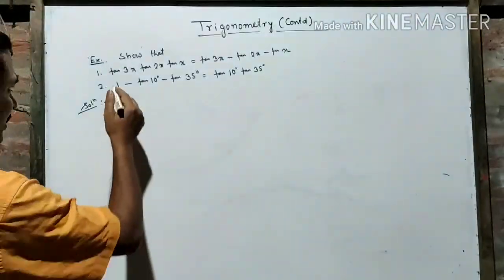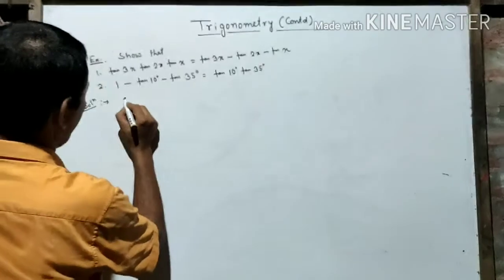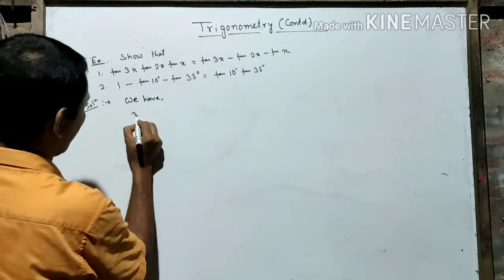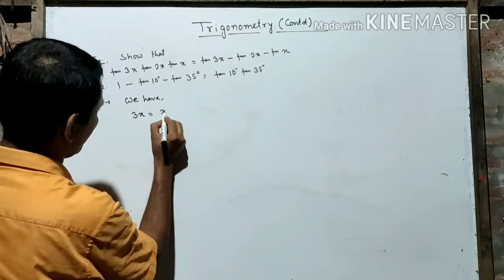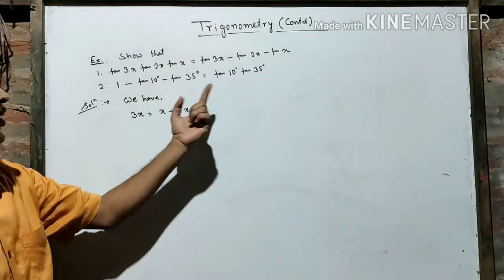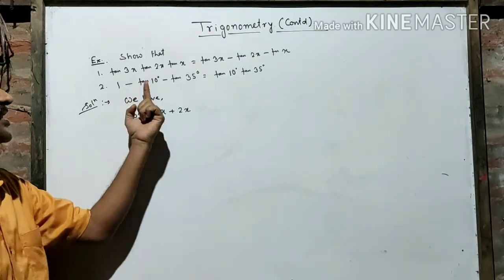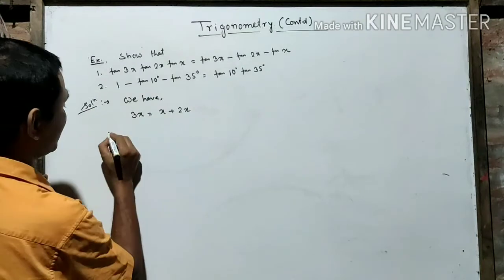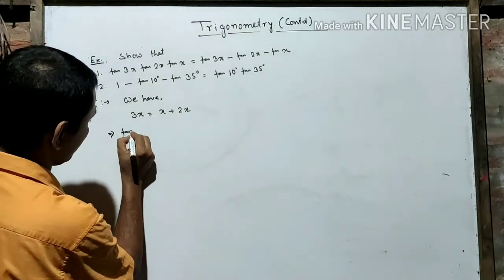Okay. So I will solve this one. We have thrice x equal to x plus twice x. In case of the second question, you will write we have 45 degree is equal to 10 degree plus 35 degree. Then you will take tan on both sides.